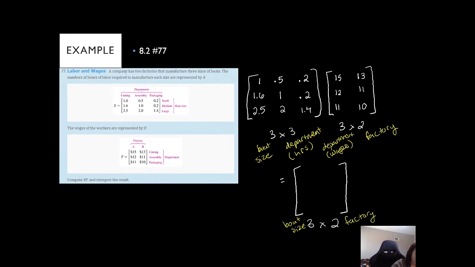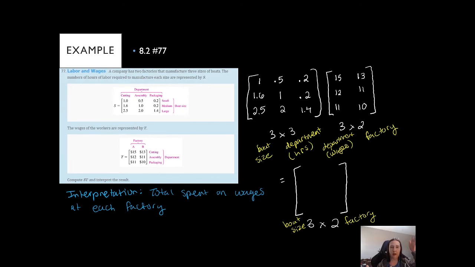So our interpretation here: this matrix is telling us the total spent on wages at each factory, because it's going to be divided into columns by each factory, factory A and factory B, for each boat size. So it's also divided up in boat sizes.